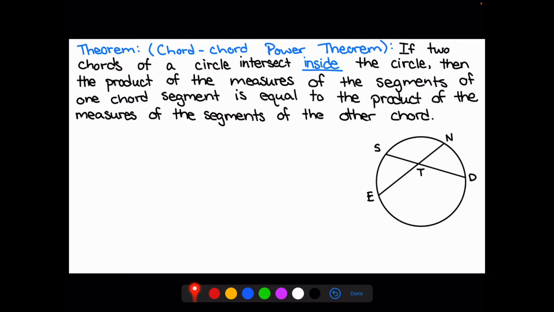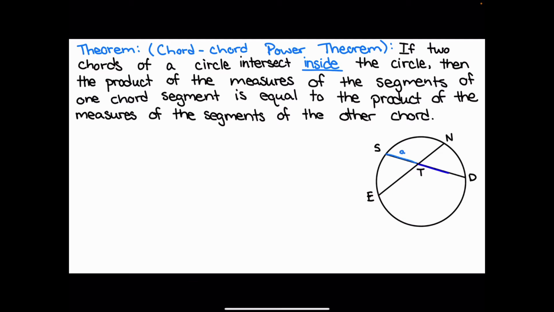So what that is saying is that if I take ET, this small portion of this chord here, and I multiply it by TN, the other portion of that chord, that will be equal to ST times TD. So again, we're staying on the same segment here, and we're just multiplying. So ET times TN is equal to ST times TD.